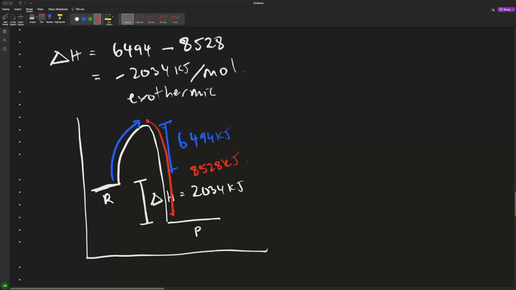Remember, this is energy out. Out equals bond forming. And this is energy in. This is bond breaking. More energy is released from the system to form new bonds than there is energy coming into the system to break the existing bonds.